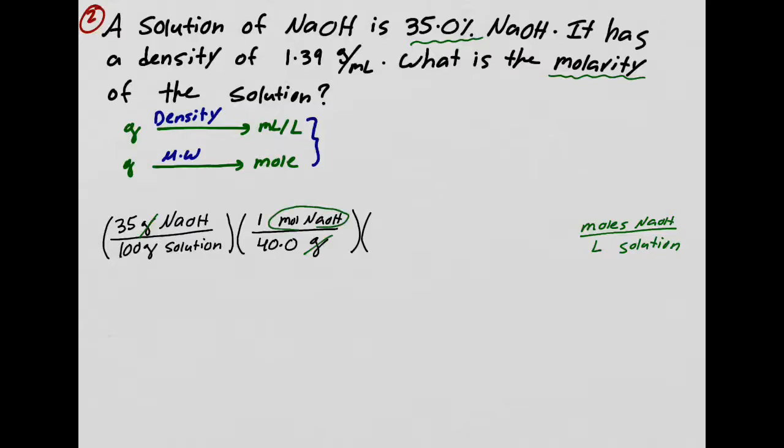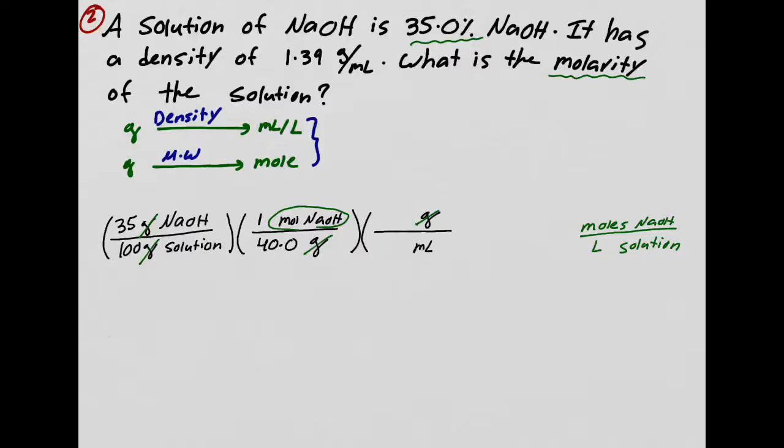Perfect. We're almost there. Now what I need is liters of solution. What I have here is grams of solution. That's okay. I know how to go from gram to volume. I have to use density, right? Grams is going to go on top, and then milliliters is going to go here. Okay, so then the gram can cancel out.